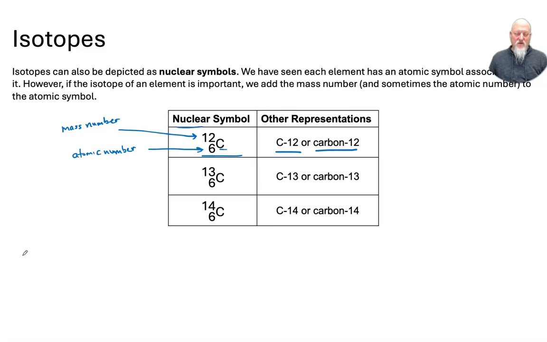So that's why it's called a nuclear symbol. So carbon-12 would have a symbol with 12 in the upper left corner, 6 in the bottom left corner, with the capital C. Carbon-13 atoms, with 6 protons and 7 neutrons, would have a symbol that looks like this. And carbon-14, carbon atoms that have 6 protons and 8 neutrons.